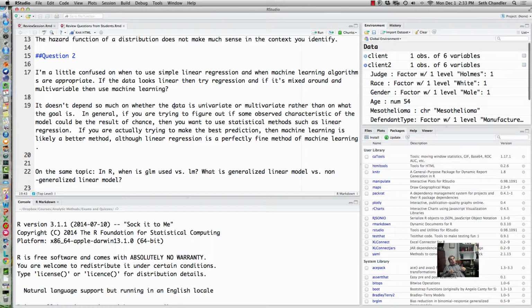Okay? So I think it depends more on what your goal is, and you might have both goals, in which case you might want to use both techniques, and I think I'll illustrate that in the sample exam that we go through.